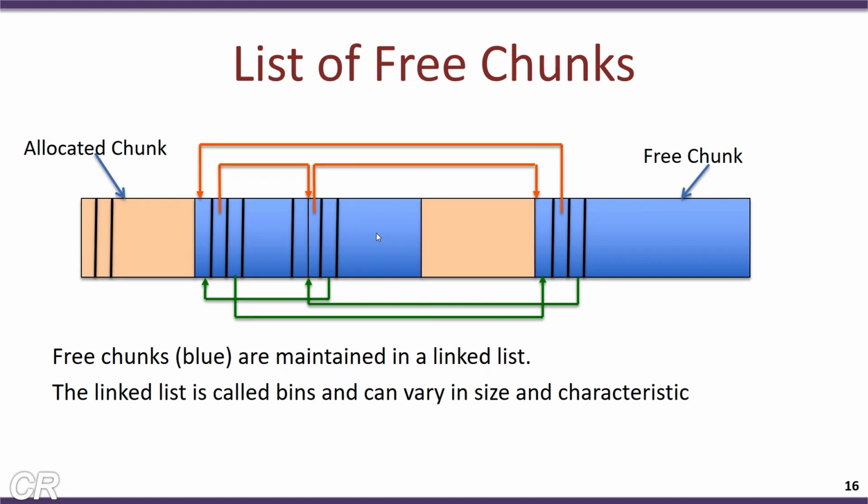If such a chunk is found, then that particular chunk is removed from this linked list and it is allocated for that memory. So thus you see, whenever a malloc is done, it is likely that one chunk of free memory gets allocated. On the other hand, when a free occurs, one of the allocated chunks gets freed and gets added on to the linked list.